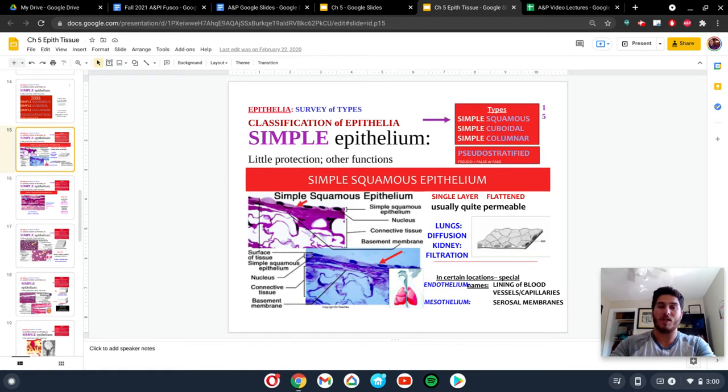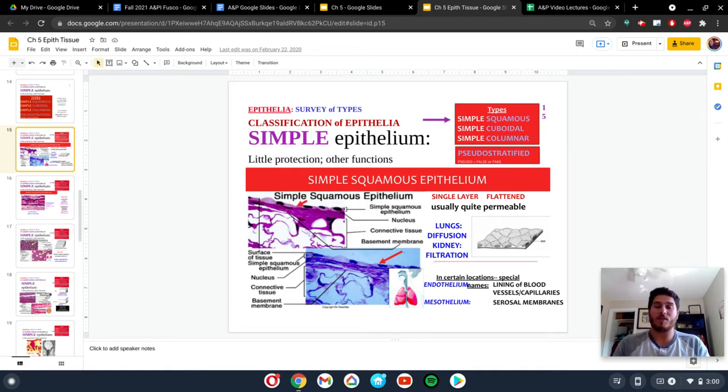So to begin here, we're going to talk about simple squamous epithelium. One of the things we want to begin with is talking about these cells and thinking about their size and structures. So why are they the shapes they are, and why is that important for their function? The size and shape of these cells are usually dictated by their function.